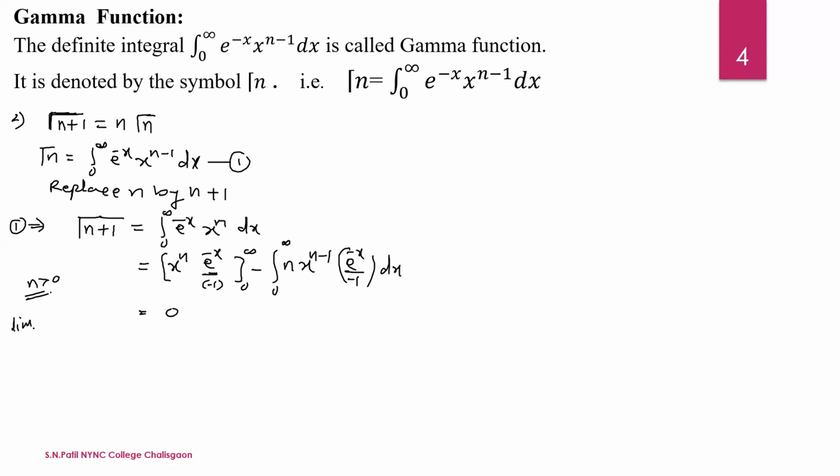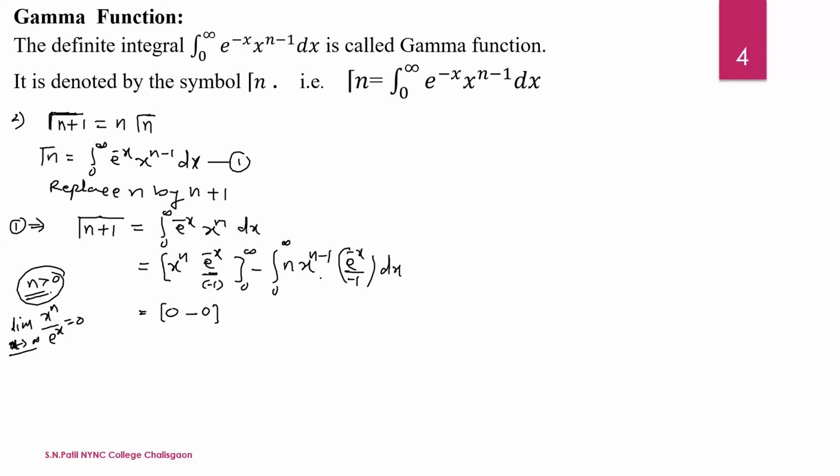See, limit of x raised to n divided by e to the power x, as x tends to infinity, and n is strictly greater than 0, then its value is 0. Minus the lower limit, put x equal to 0, so here the lower limit is 0.